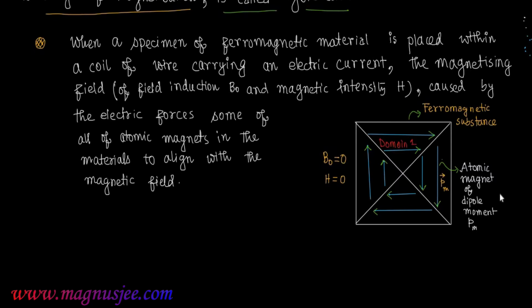In this case these are the domains 1, 2, 3, 4, in which atomic magnets are aligned parallel to each other in a definite domain.